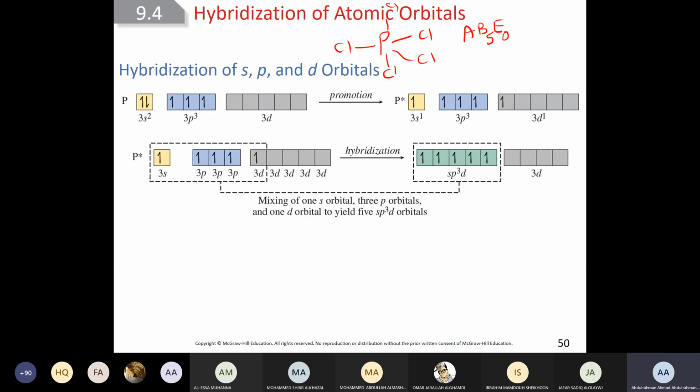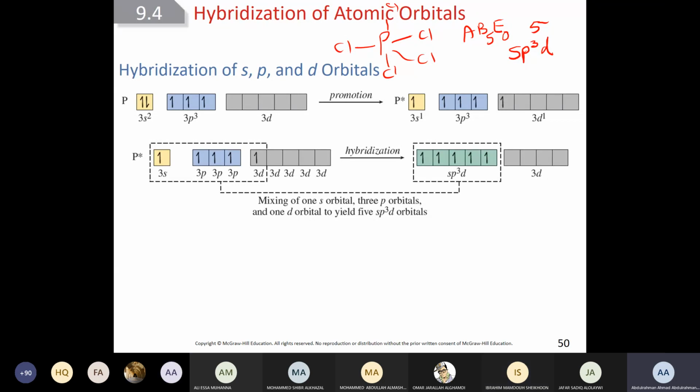What's the total? 5. What type of mixing are we going to make? sp3d. Why don't we go to sp4? Because it's 5. In p we have only 3 orbitals.